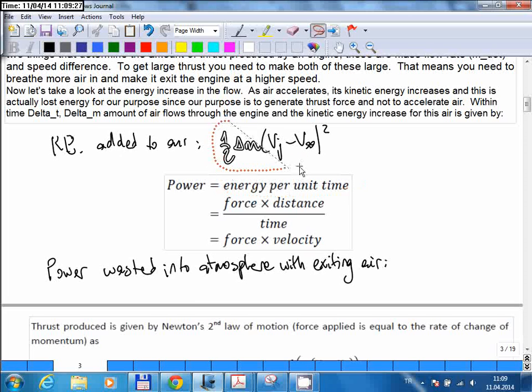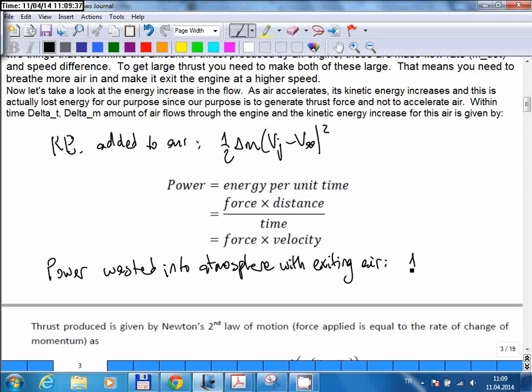And this is energy. So per unit time you make delta m divided by delta t. From there you get an m dot term. So the power you waste into atmosphere becomes 1/2 times m dot times Vj minus V infinity square.